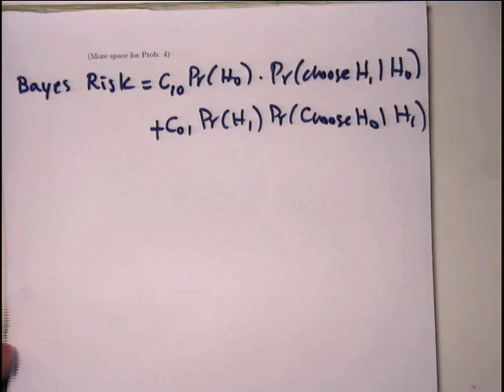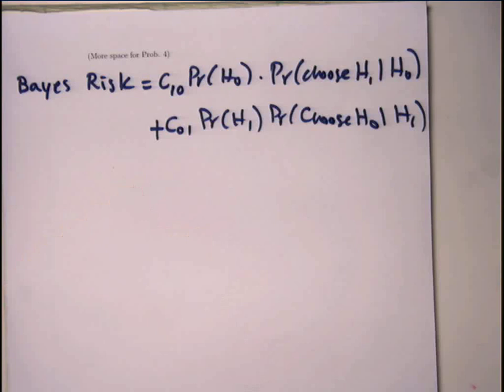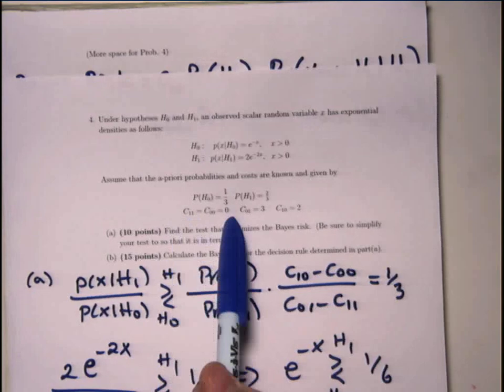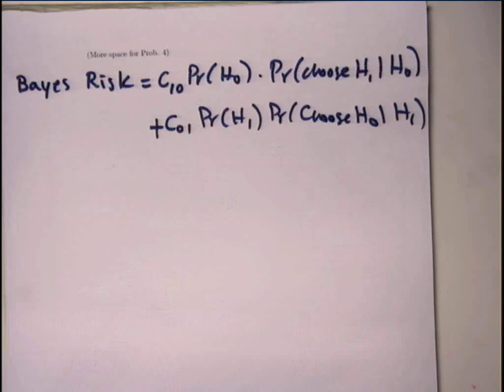Okay, so remember the Bayes risk had 4 terms in it, and 2 of the terms don't show up here because the coefficients in front of them are 0. Okay? So the 2 terms that show up are these guys.